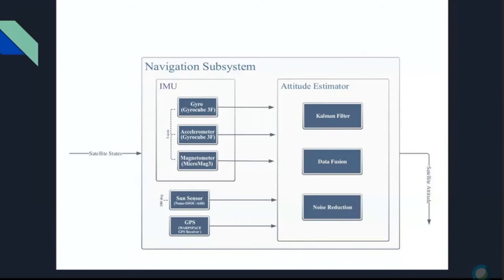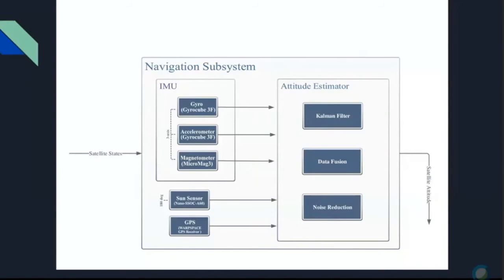As we see here, the raw data from the IMU, consisting of the gyroscope, accelerometer, and magnetometer, which are all 3 axes, along with the sun sensor and the GPS data, will be passed to the attitude estimator block.